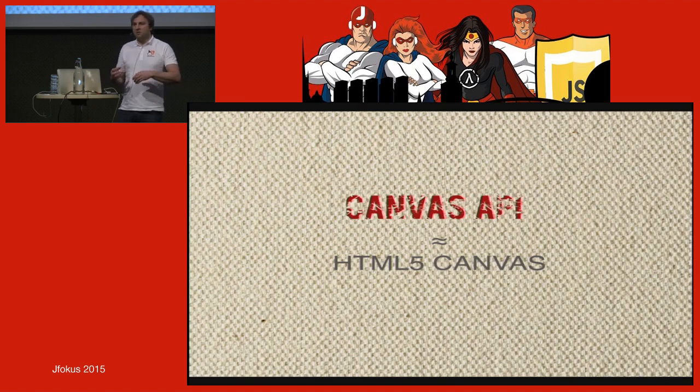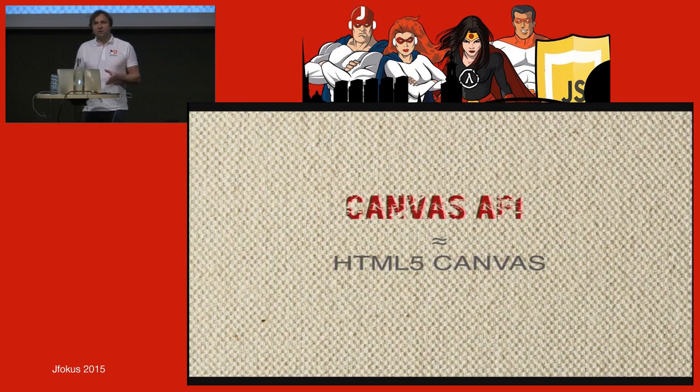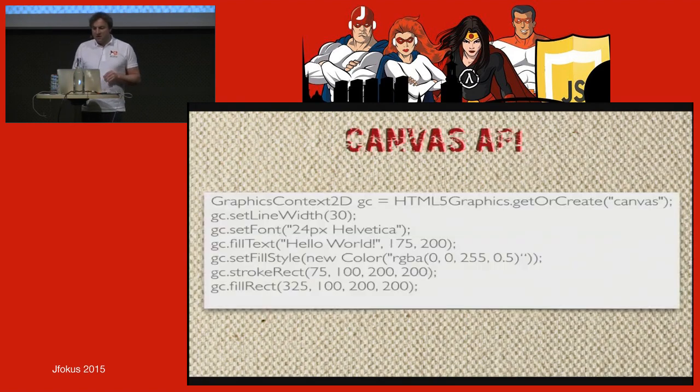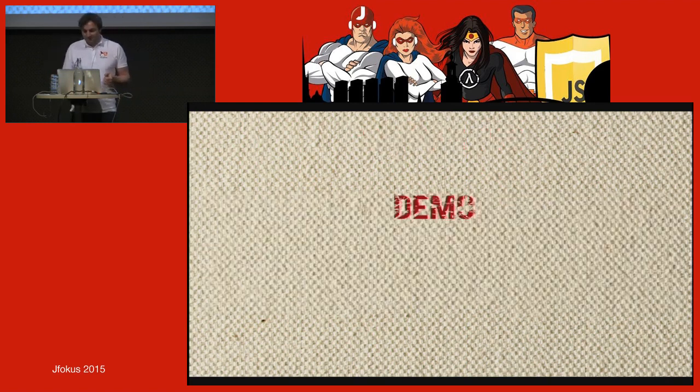But if you want something more graphically interesting, you want an immediate mode rendering canvas. That's why we created the Canvas API, and you can use it very easily. You create a canvas. And for the Swing users, you probably know this kind of coding. You code to this canvas and draw something on there.